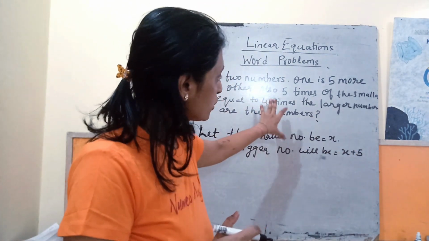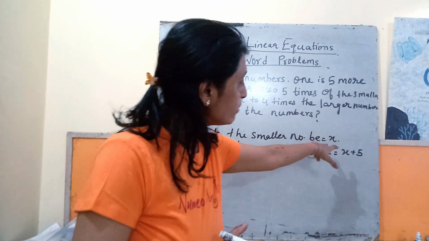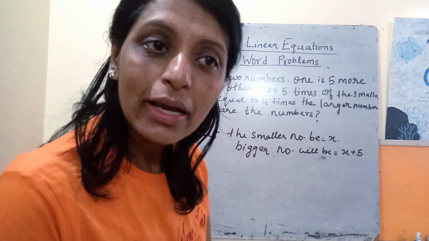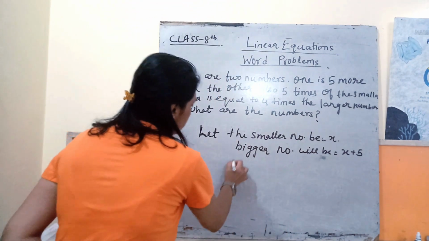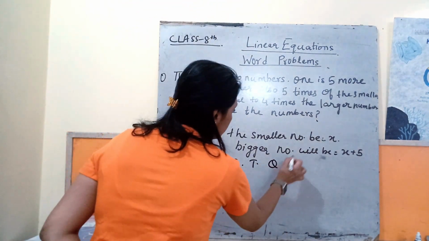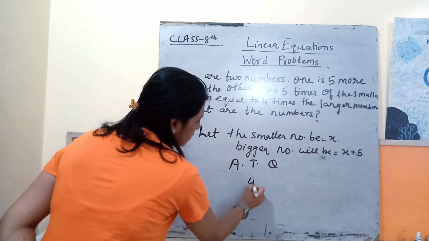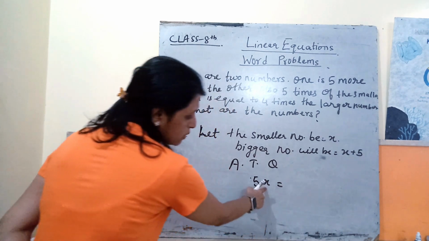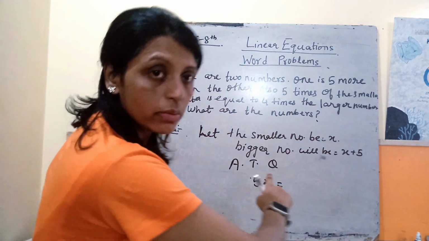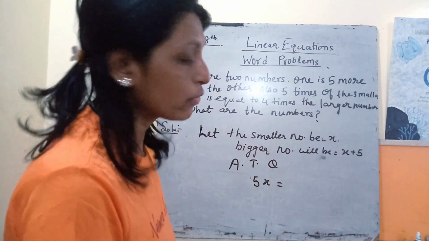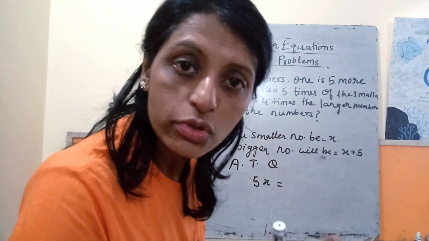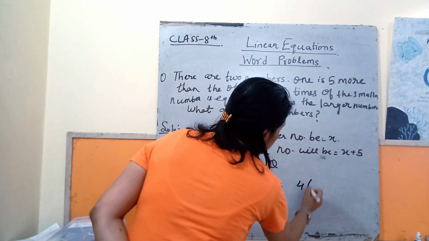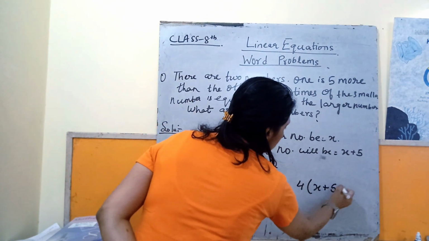Now the second condition, according to the question: 5 times the smaller number is equal to 4 times the bigger number. The smaller number we have taken as x, and it is 5 times, so we multiply 5 to x, so 5x is equal to 4 times the bigger number.